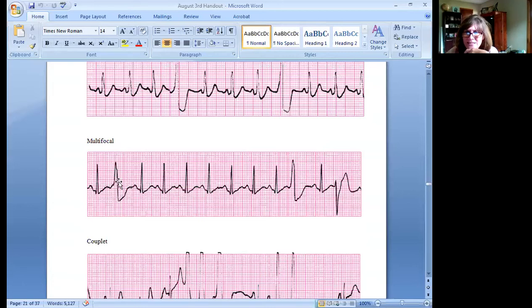And that same exact guy happened again right there. But then another premature beat happened, wide bizarre QRS complex, T wave oppositely deflected, but it's upside down of the other ones. These are upwardly deflected and this one is downwardly deflected. These PVCs came from different sites, multifocal.